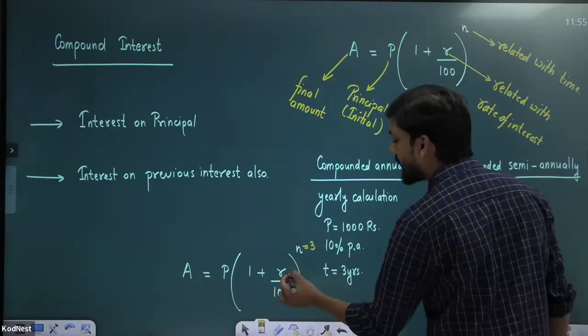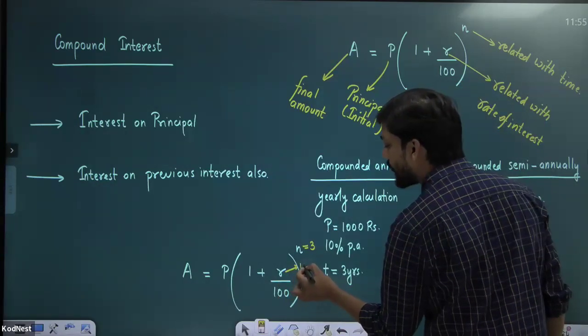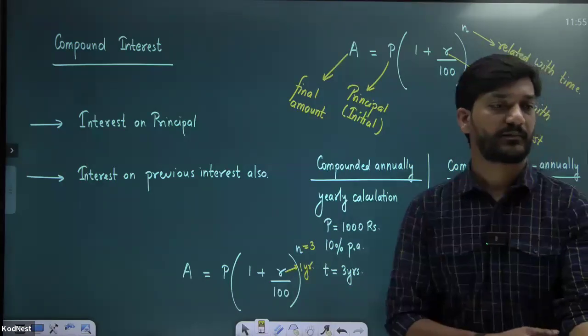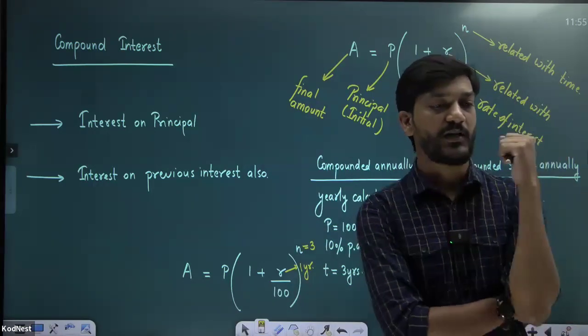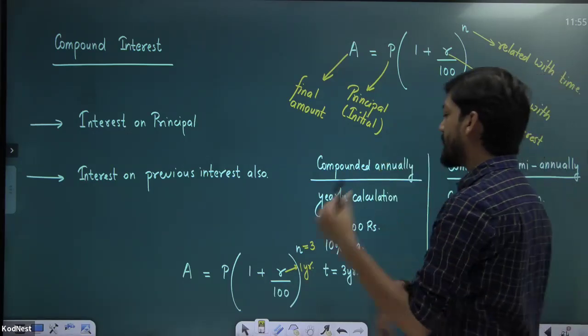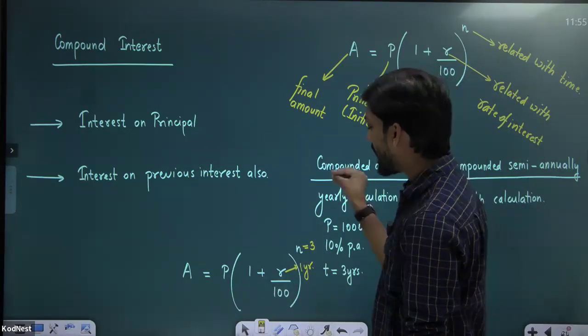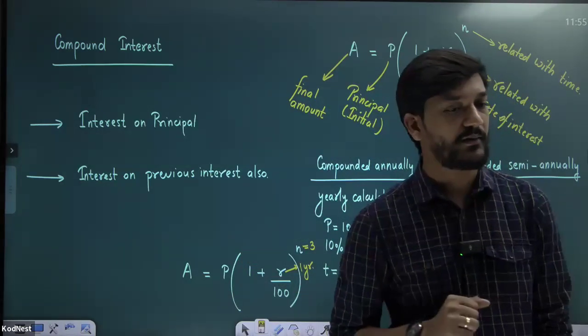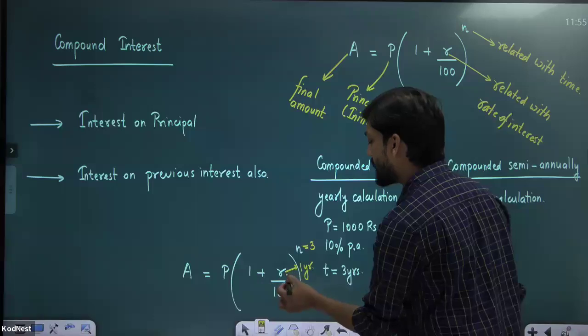So we have to write interest for 1 year. What is interest of 1 year? We have to do yearly calculation. So we have to put the values as per the yearly calculation. What is interest of 1 year? 10%.